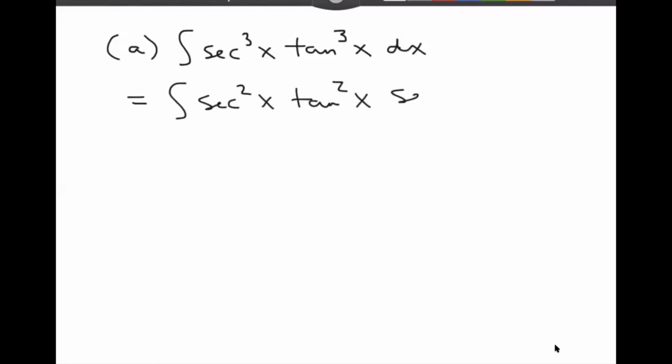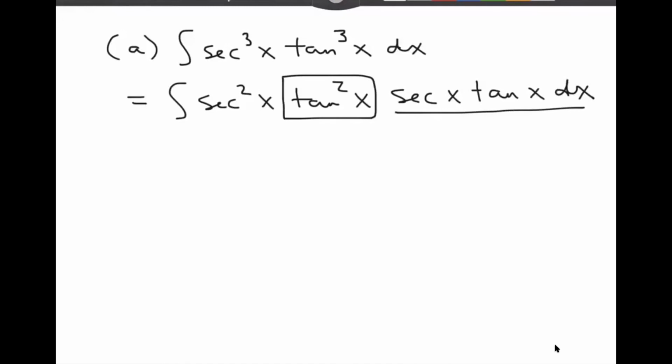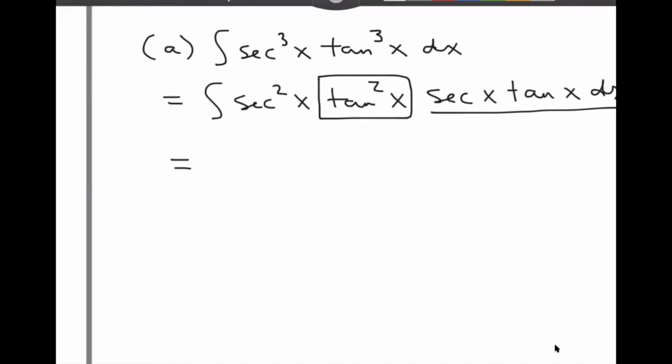And then at the end here, I'll have a secant x tangent x dx. So what I'm going for is to be able to do a substitution where this ends up being my du, which means I'm going to have to let u equal secant x, which means we have to convert this into secant.